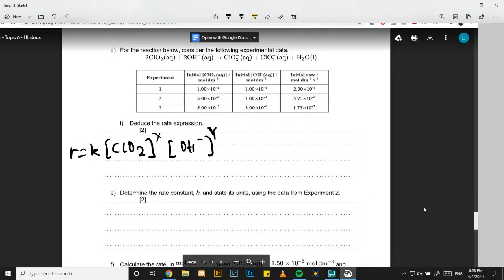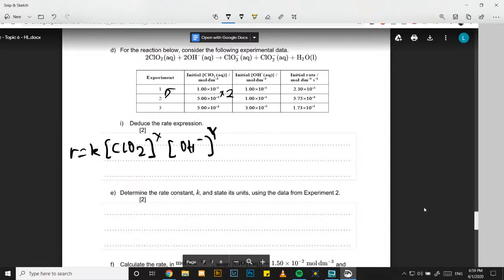So let's look at experiment 2 to experiment 1. I think that's a little easier. Over here you have 0.05 molarity, and over here you have 0.1. So you're doubling your molarity, times 2.